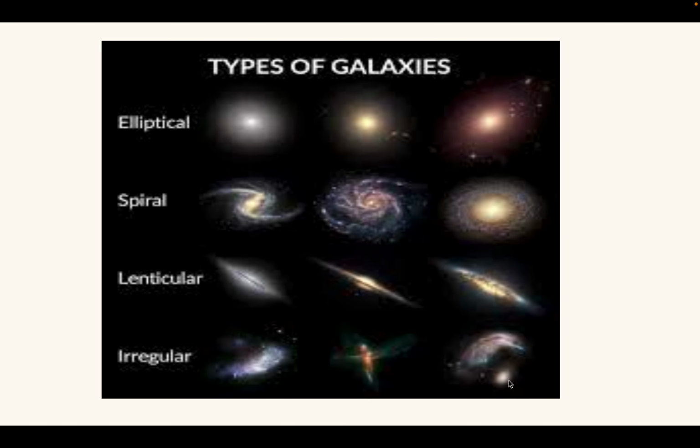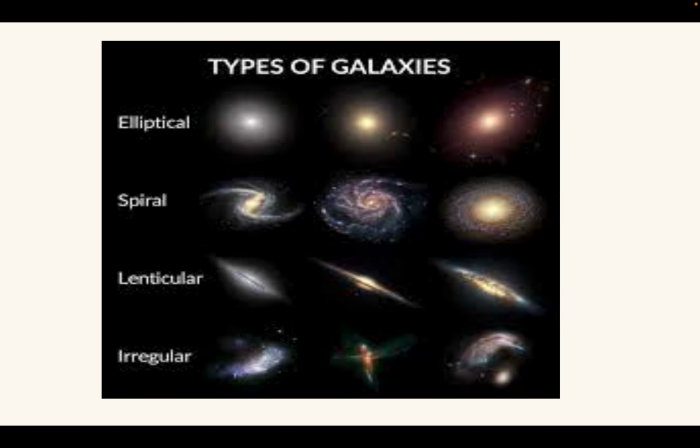One main thing to understand is that the star formation also varies according to shape. Generally, for the elliptical galaxy, there is a very small amount of star formation. In the spiral galaxy, you will always see a very high amount of star formation, and most of it is ongoing in the arms.